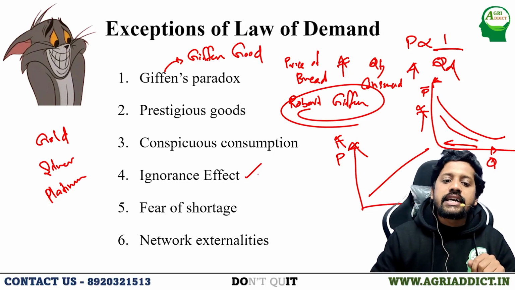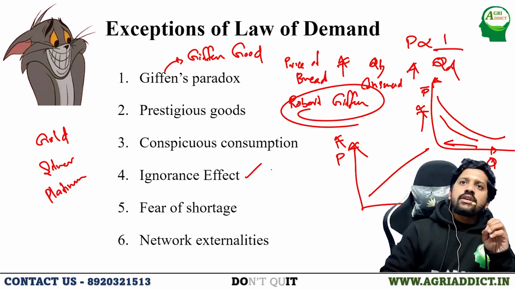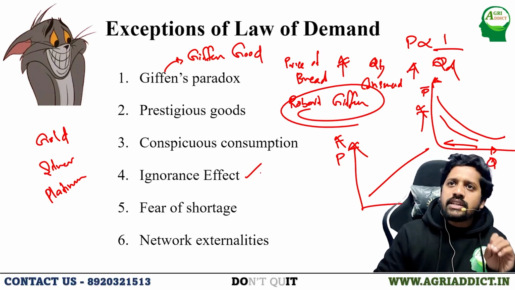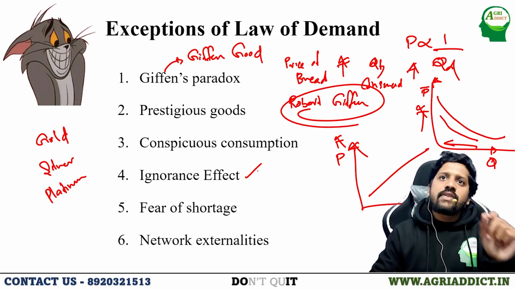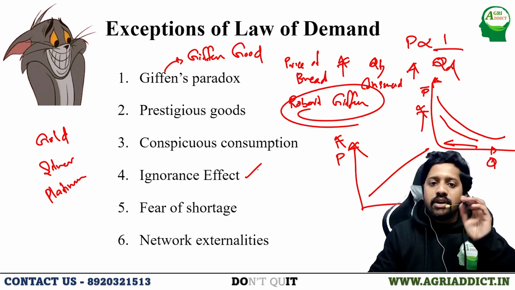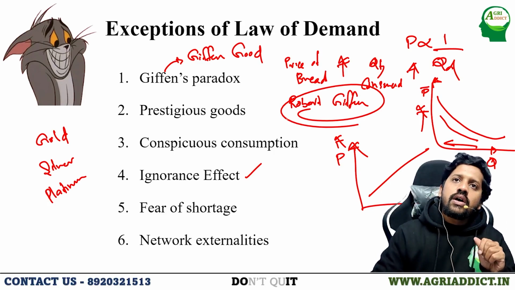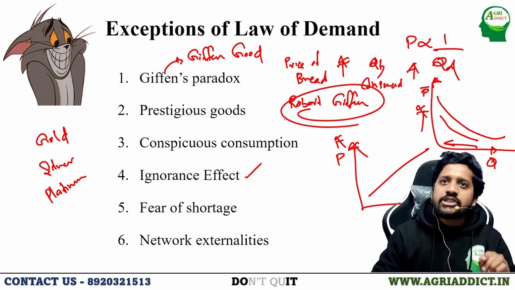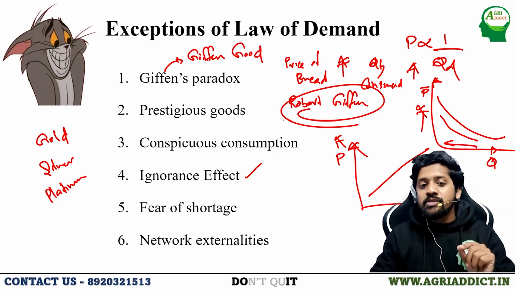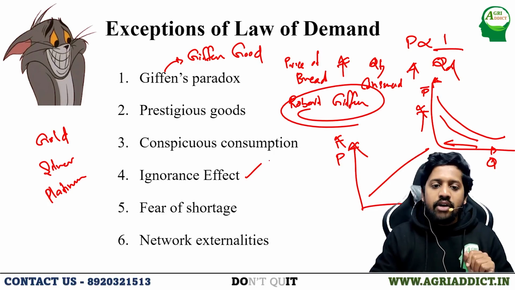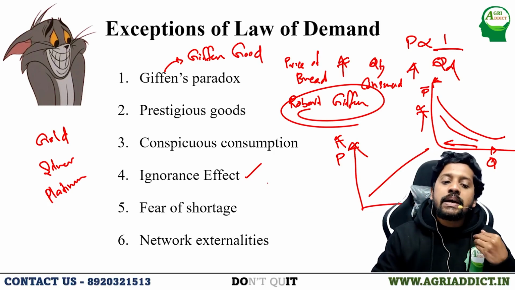Another one is the ignorance effect. The demand schedule is nothing but the list of prices as well as the quantity demanded at all these prices, right? So the consumer has to know all the possible prices prevailing in the market. What if I don't know the whole market prices?